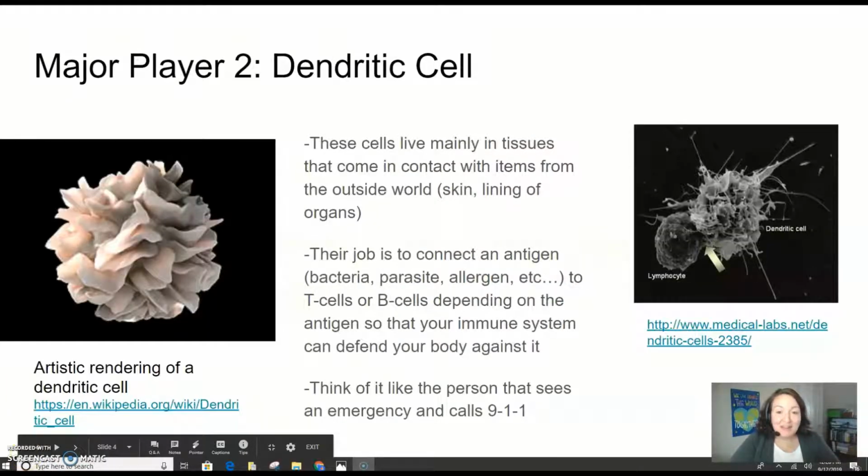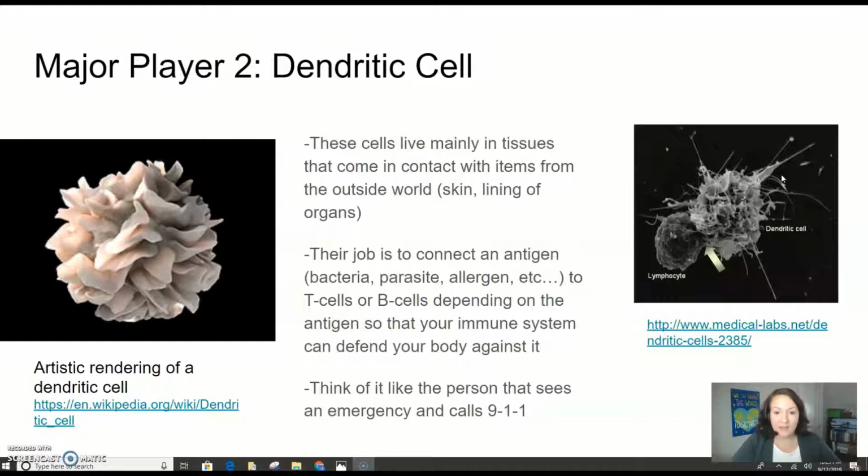The next major player are dendritic cells. And so here are two pictures. This one actually is an artistic rendering of a dendritic cell, and then on this side is an actual photo of a dendritic cell. And so these cells live mainly in tissues that come in contact with items from the outside world. So in the skin, in the lining of your organs. And their job is to connect an antigen to T cells or B cells.